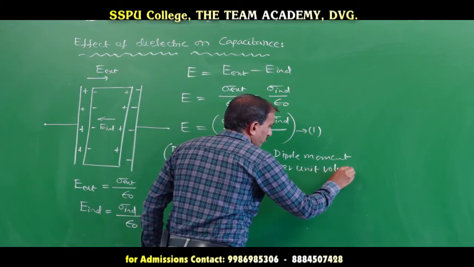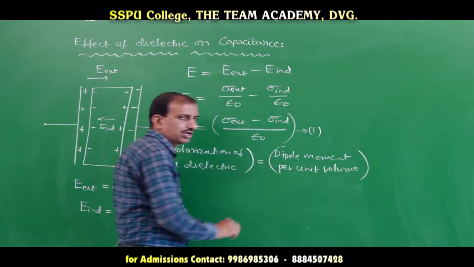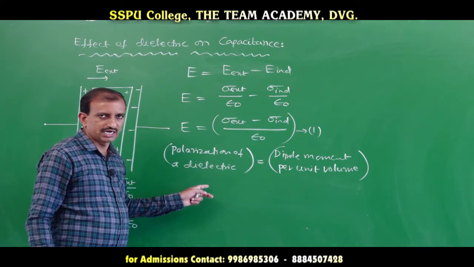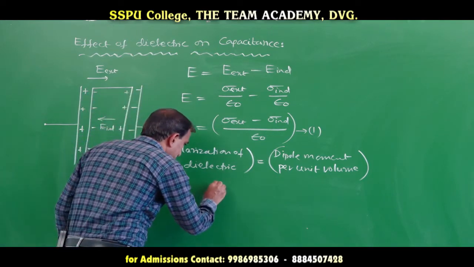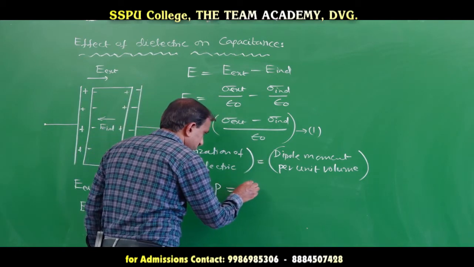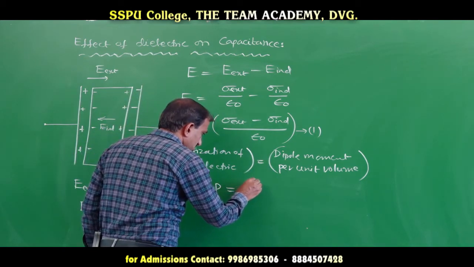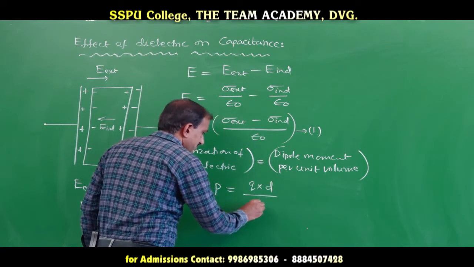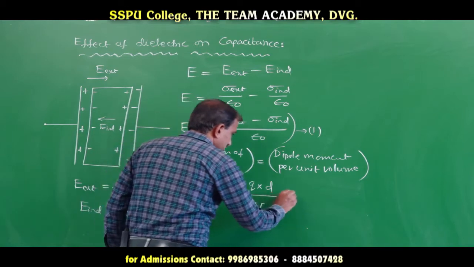This dipole moment per unit volume of the dielectric is called the polarization of the dielectric. So, polarization of dielectric is equal to the dipole moment per unit volume. The dipole moment is Q into d, divided by the volume.